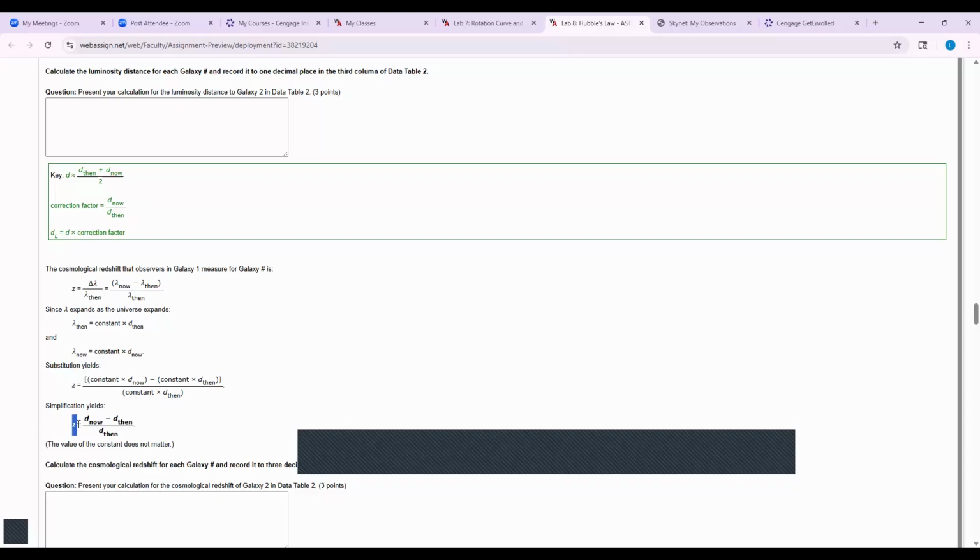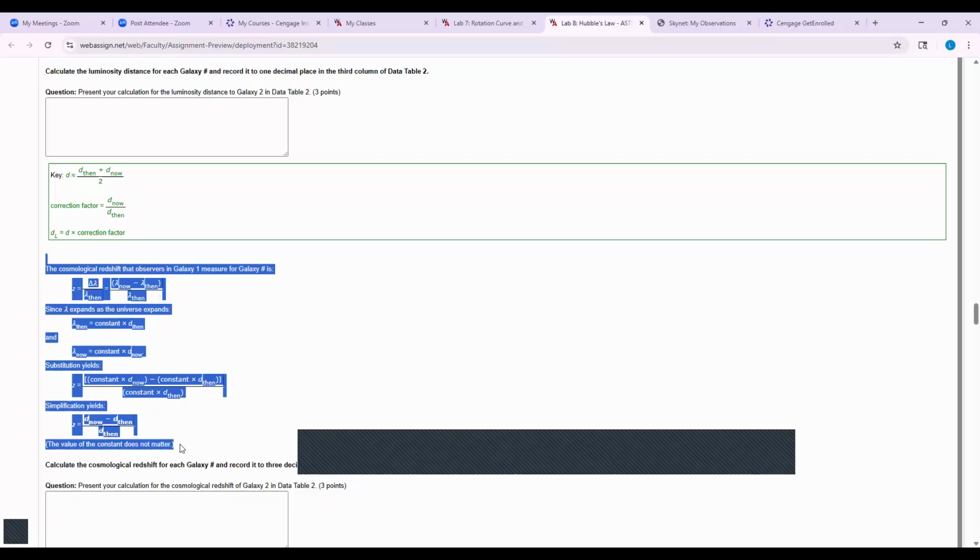Therefore, to calculate the cosmological redshift z, we need to calculate the distance now minus the distance in the past, divided by the distance in the past. And this is a very basic formula that we're going to use for the cosmological redshift for the galaxies on the rubber band universe. But this one is approximate.